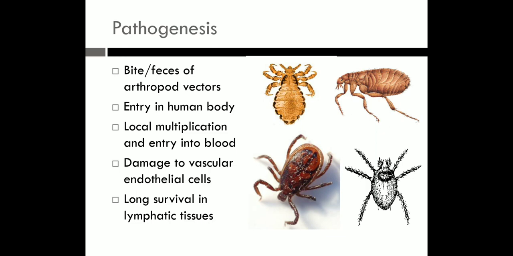Now the reason why they survive inside the cell is because they lack many enzymes that are required for their metabolic purposes, like for the pentose phosphate, purine and pyrimidine pathways.